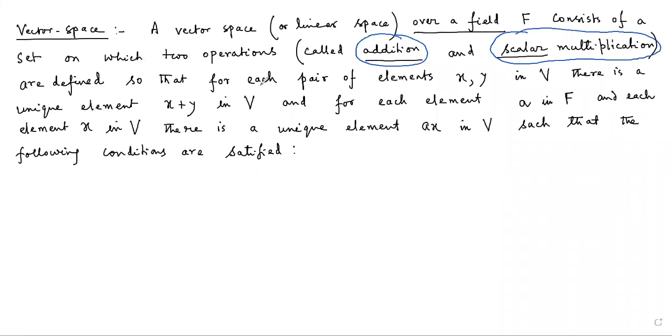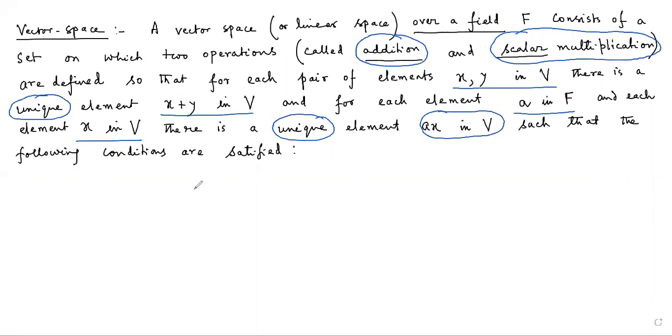And whenever I'm saying that for each pair of elements x, y in V, there is a unique element, I'm highlighting this unique element x plus y in V. For each element a in F, I'm highlighting it. For each element x in V, I'm highlighting there is a unique element ax in V. These are highlighted points that you have to keep in mind.